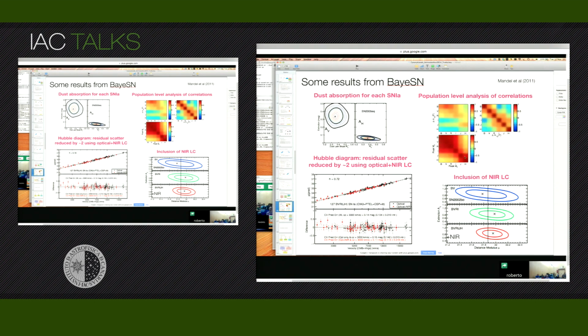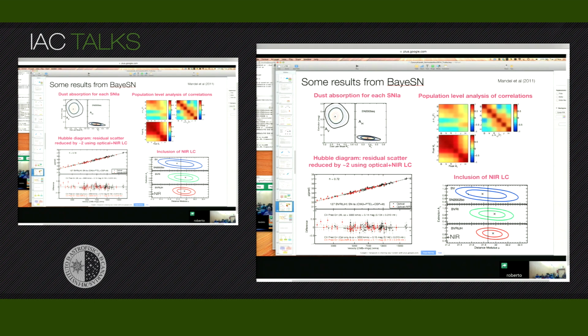Which is telling you that if you measure supernovae in the near infrared, if you've got near infrared light curves of those supernovae, you're going to gain genuinely new information about them that's not contained in the optical light curve. And one of the reasons is that in infrared light, supernovae are less absorbed than in optical light.